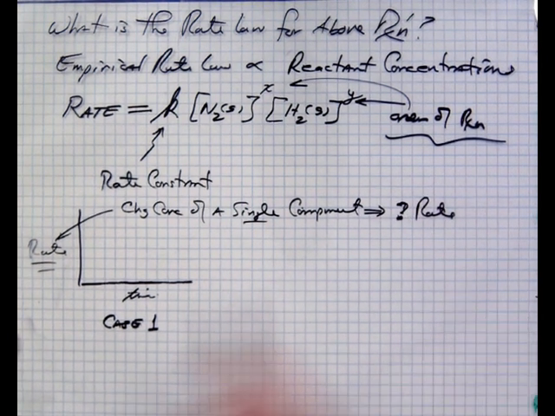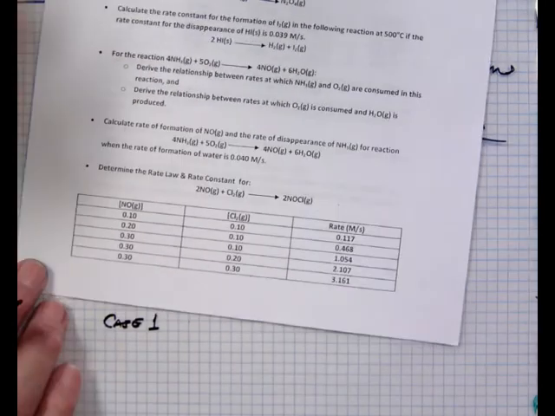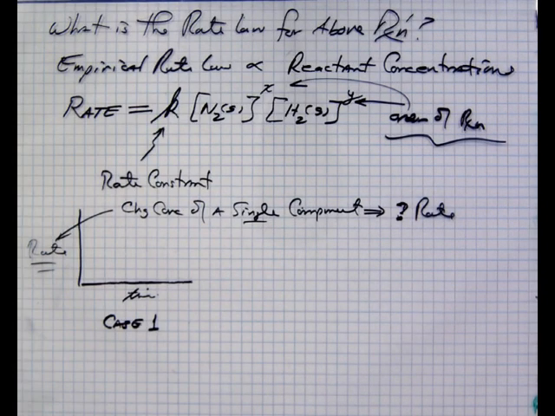So we ask ourselves what happens to the rate of that component if we change that. You'll see this in the data and the problems. If you look down at the bottom of the first page, you'll see they use a bunch of concentrations, and then they show some rates over here. We'll work that one in a minute.